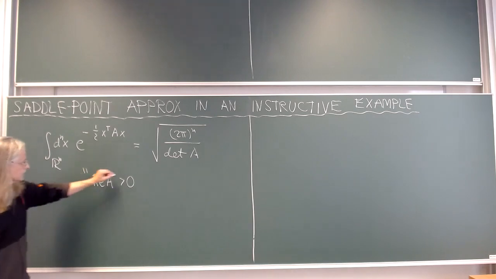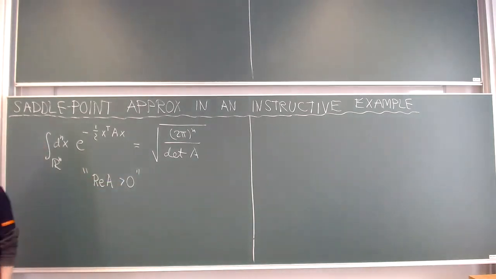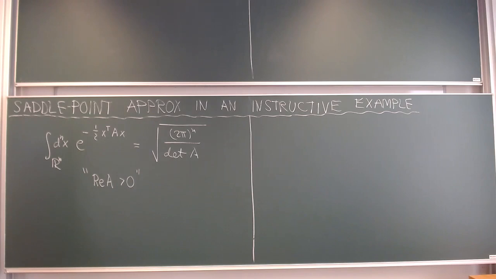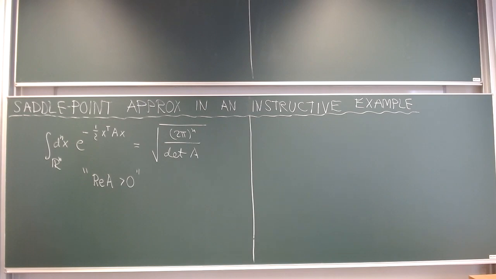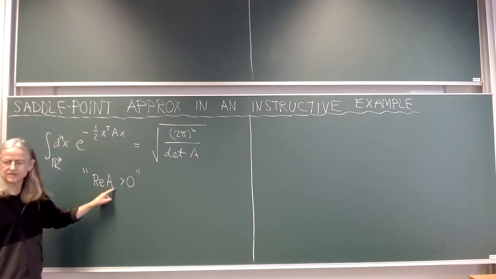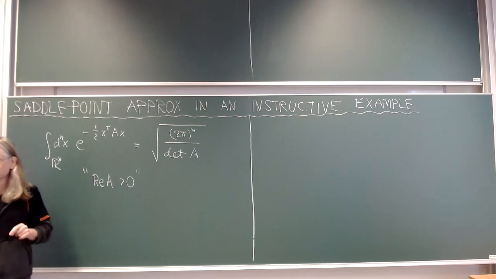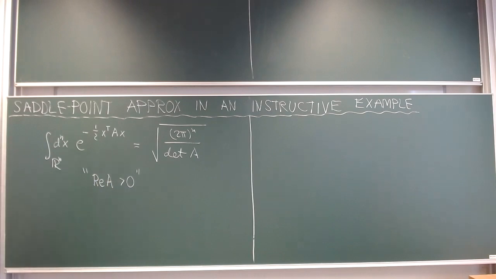And here I should say this is kind of grown-up notation. So the real part of a matrix is obviously real in all of the entries. But what do I mean by saying that this should be bigger than 0? Any guesses? What it doesn't mean, and maybe you would suggest, is that all the matrix entries should be bigger than 0. That's not what I'm talking about.